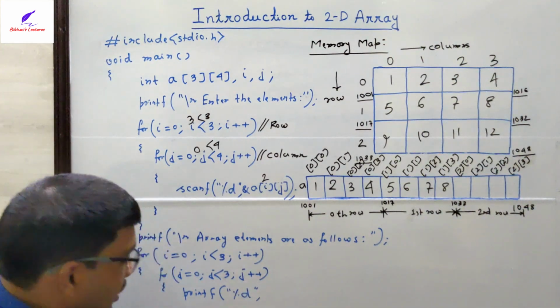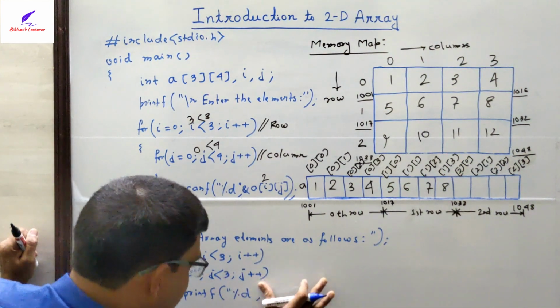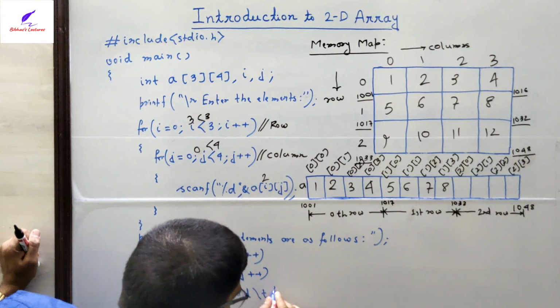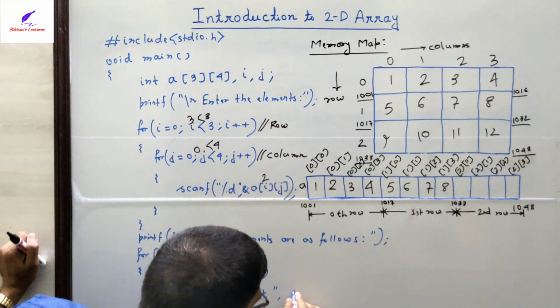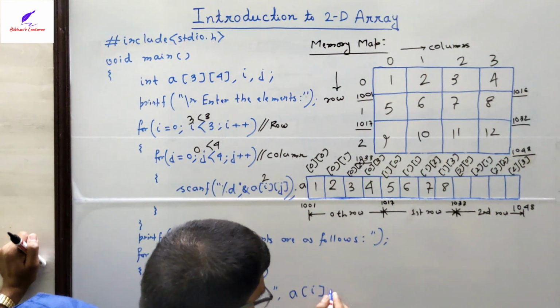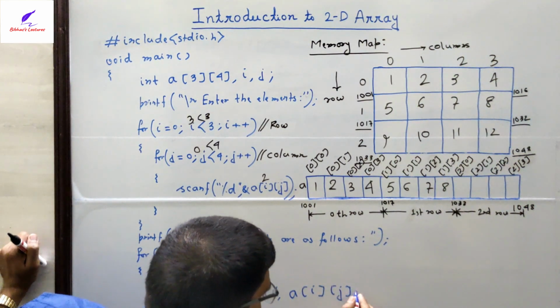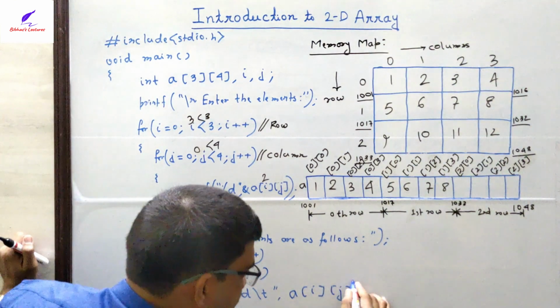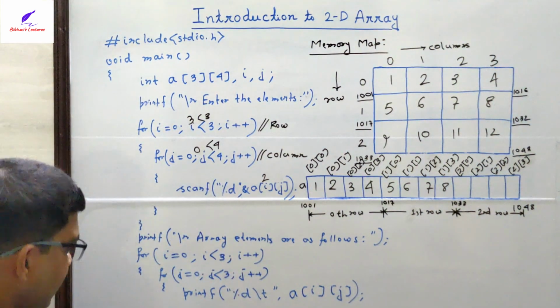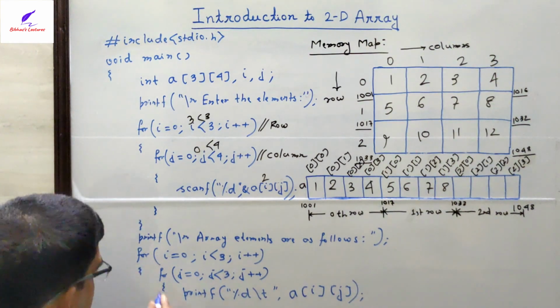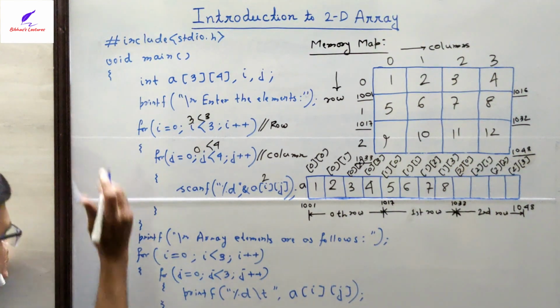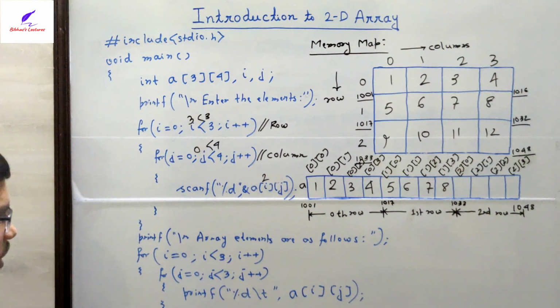We are going to print the integer value, so %d. If you want to give a gap, you can put a space or tab. And what you have to print is a[i][j], that means the value present at ith row and jth column. That is the end of the inner loop, then the end of the outer loop, and then the end of the main function.